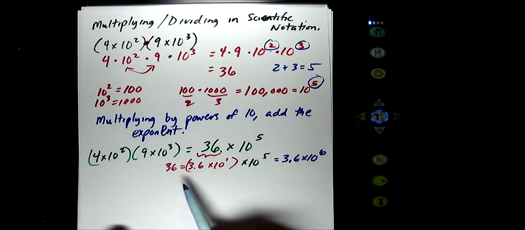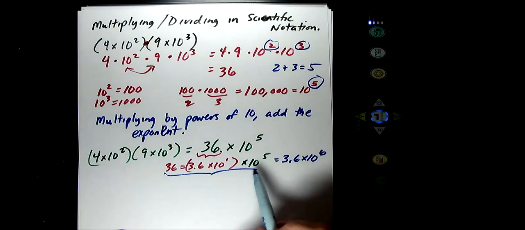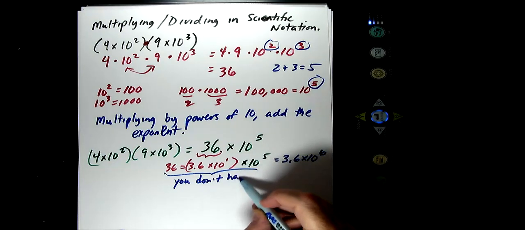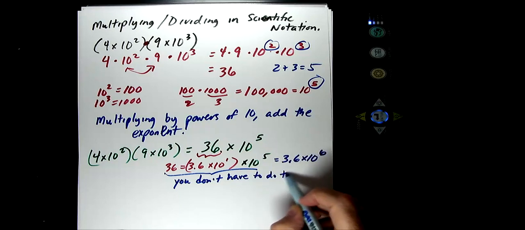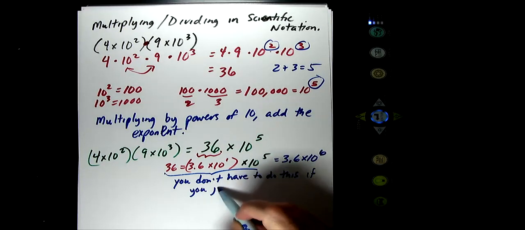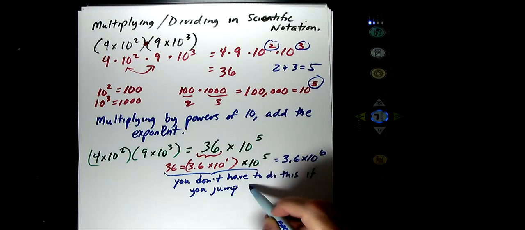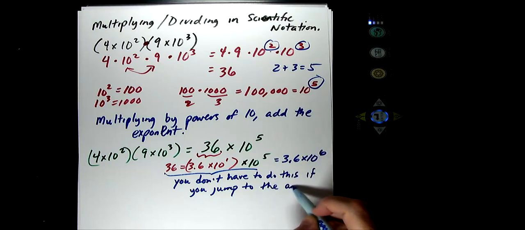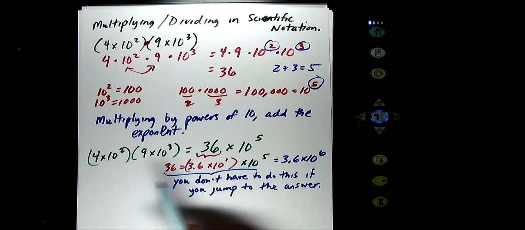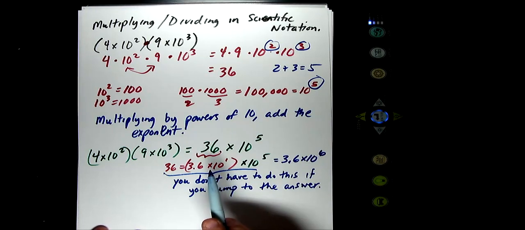Now, you don't have to do this step. If you can, jump to the answer. For me, this mathematics was easy enough to do in my head that I didn't want to pull out the calculator. And I always have to really stop and think about which way to move the decimal when I have it like that, unless I write it as a power of 10.